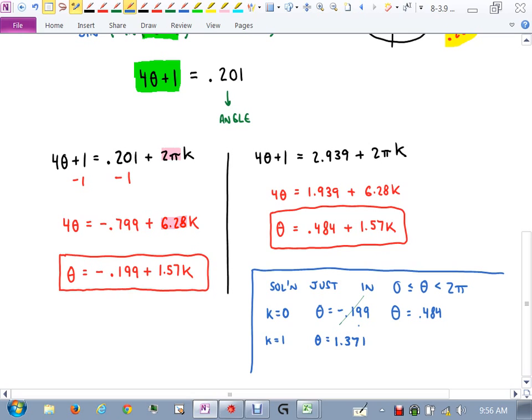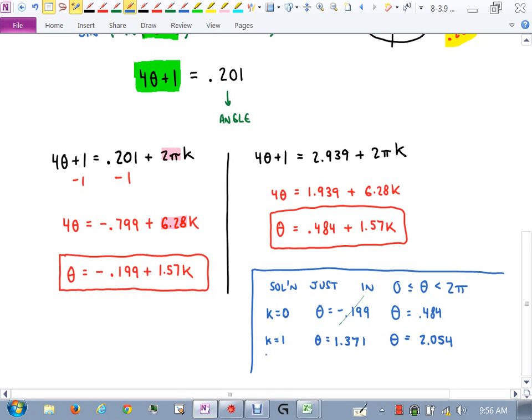I get 2.054. Anyone else get that? Okay. And are both of those within 0 to 2 pi? Yes, because remember 2 pi is what? 6.28. We've got a ways to go, don't we? Because these can get bigger, we're going to have lots of solutions here.